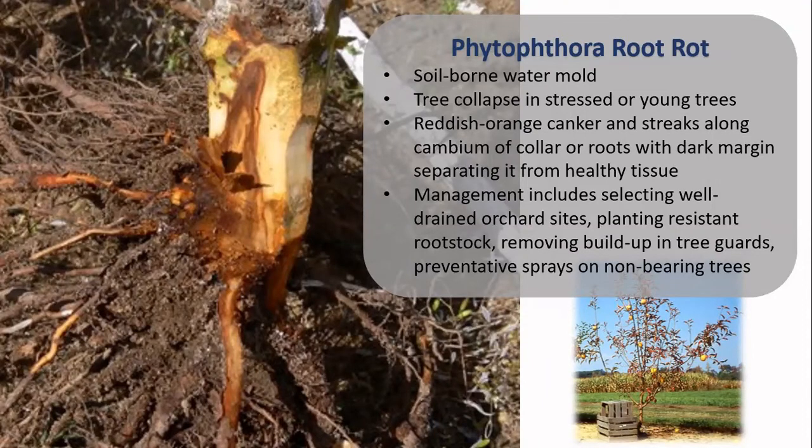So it's selecting well-drained orchard sites, also planting resistant rootstocks that are available, and considering trying to reduce moisture buildup around the base of the tree, either by removing extended use of tree guards or by making sure that they're clean of any sort of debris that might be falling in, and also making sure that there's no weed or grass development around the base of the tree that could be holding some moisture in the area. However, for non-bearing trees, there are preventative sprays that are available for use of this disease.